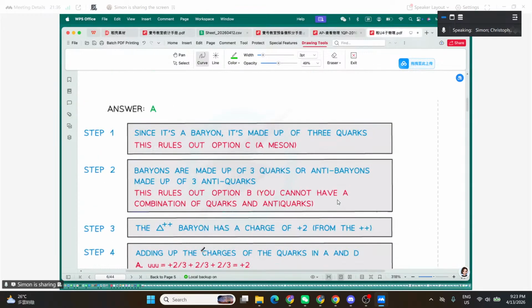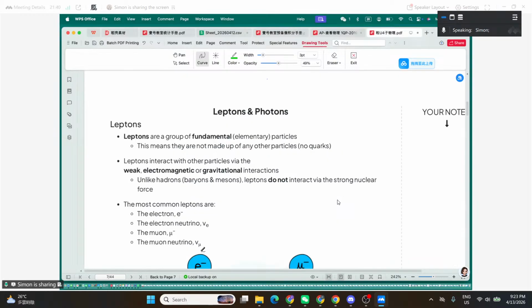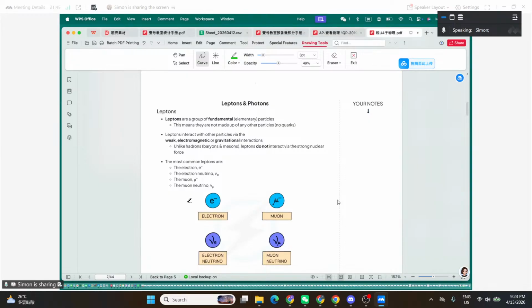Okay, and look at this one. This one is the lepton and photon. Leptons are a group of fundamental elementary particles, and we regard the lepton as the basic unit, like the electron.